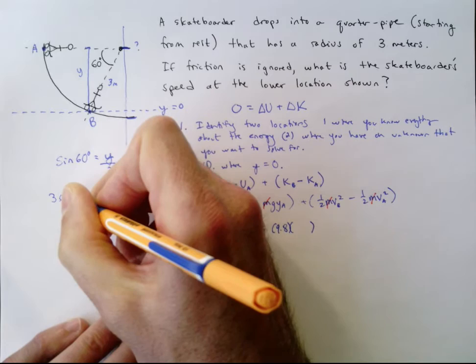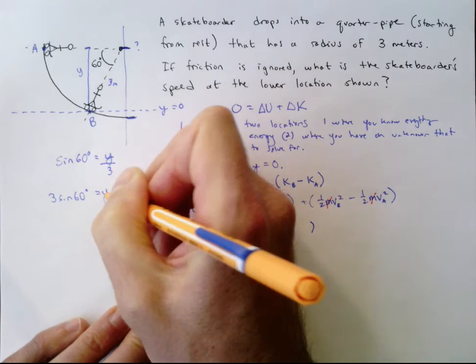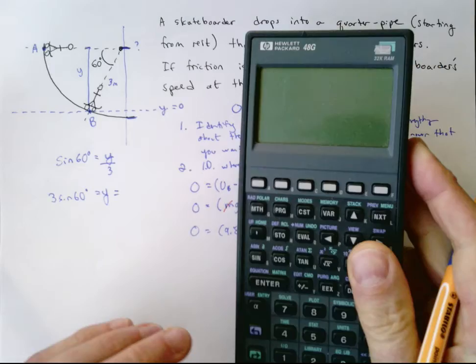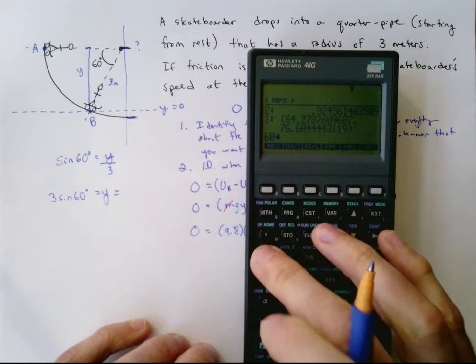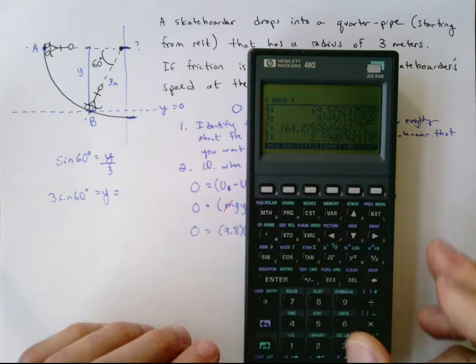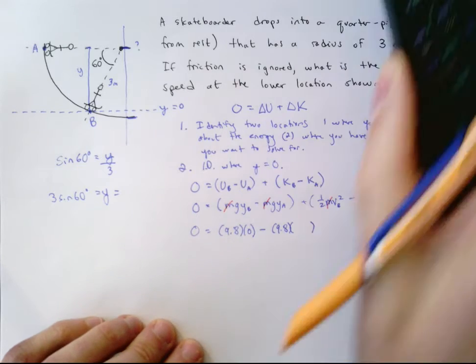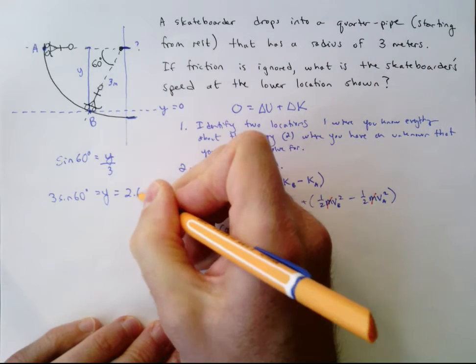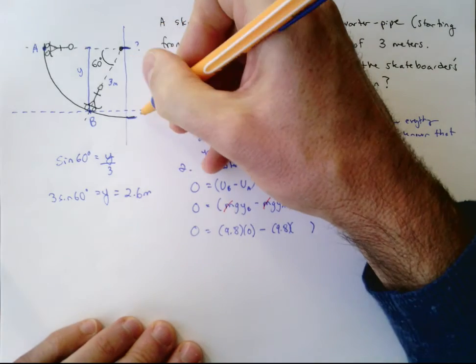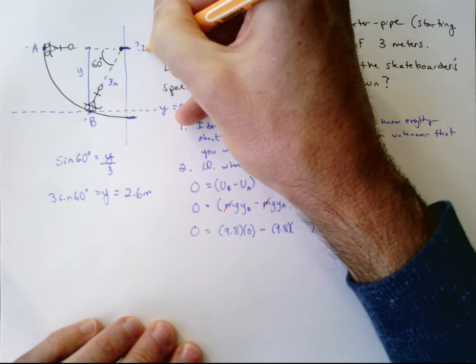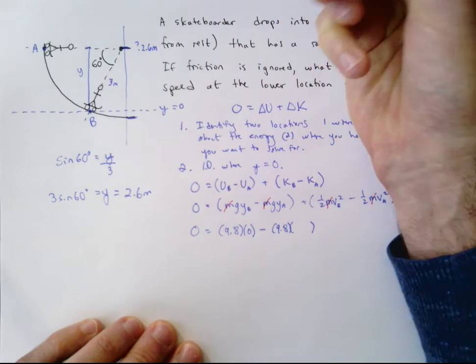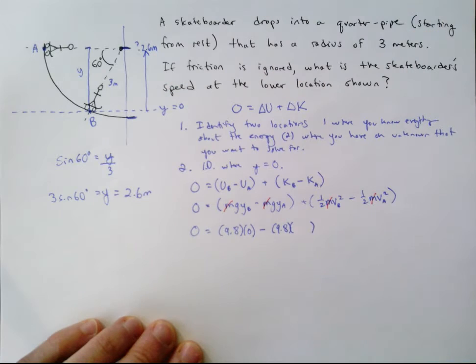So 3 times the sine of 60 will give us our y coordinate. Sine of 60 times 3 is 2.5, which is close enough to 2.6. I'm going to call that 2.6 meters. So if we're calling this 0 down here, then this location is 2.6 meters above that, at a y coordinate of 2.6.